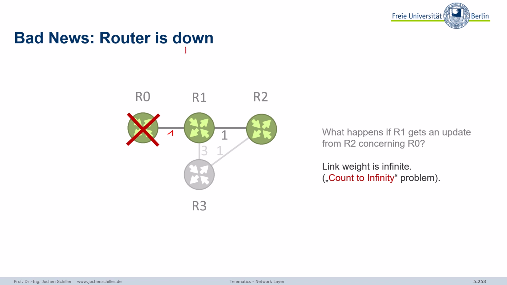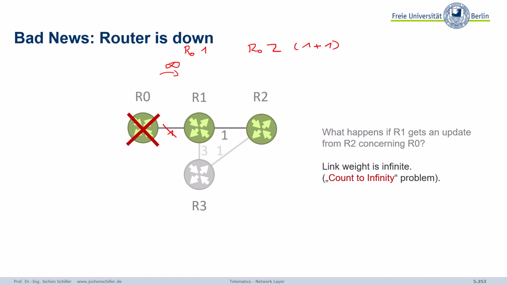Then R1 knows the distance to R0 is 1, and R2 knows the distance to R0 is 2. That's 1, its distance to R1, plus the reported 1. Great. Now the link is down, so it doesn't exist anymore. That means we could assume this reports infinity.